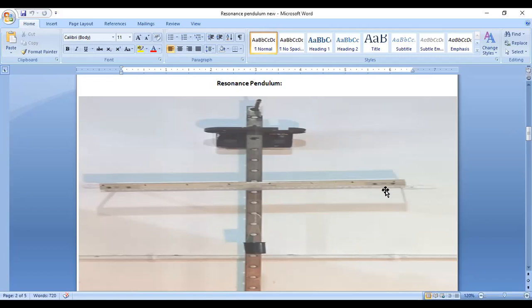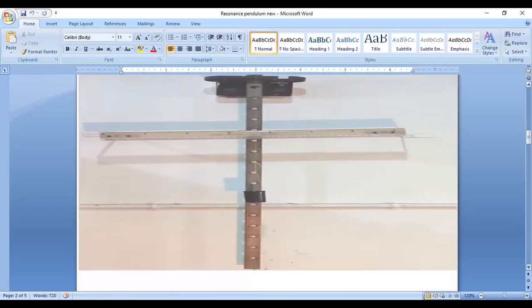Now, what you have to do in this experiment is you have to oscillate a bar pendulum. So when you oscillate the bar pendulum, the bar pendulum will start oscillating, and this oscillating bar pendulum will activate the simple pendulum.